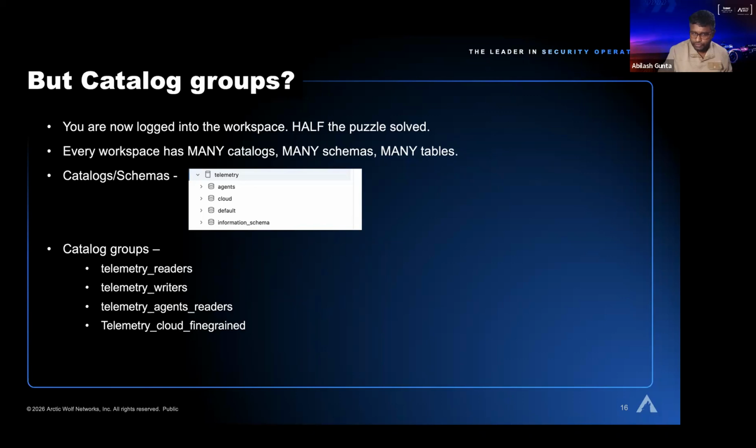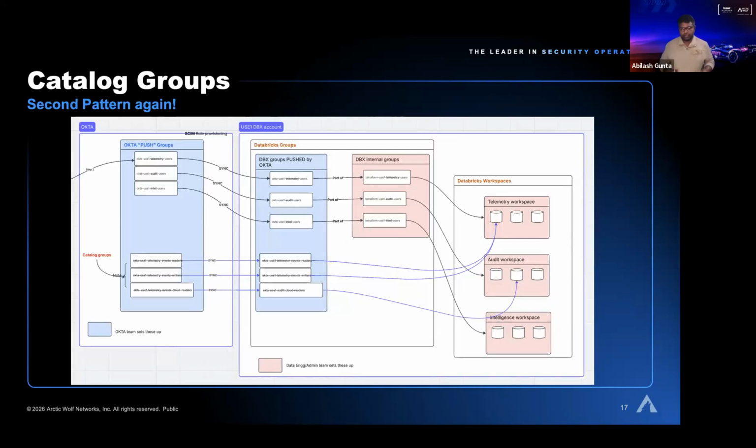We can solve this using the same pattern again, right? The only change is instead of pushing just the workspace enablement groups, again, just to step back, all these groups are just groups, right? They're just groups from Databricks point of view or Okta point of view, but I'm calling them push groups before, and I'm calling them catalog groups now, just to avoid confusion when talking about it.